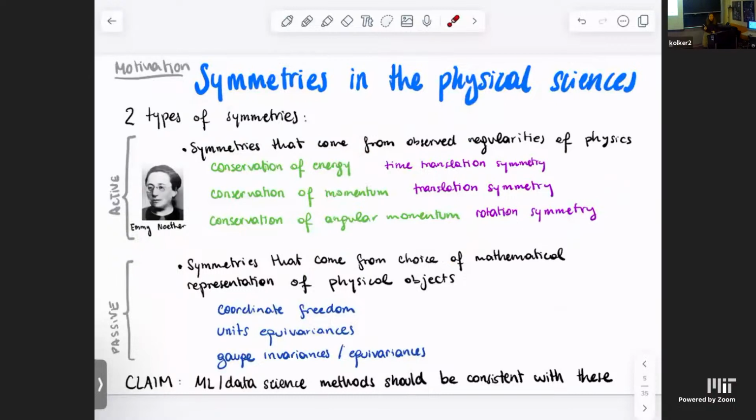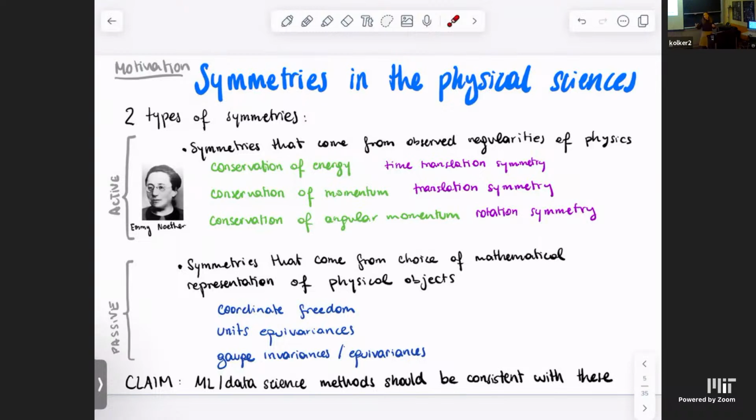In the physical sciences, symmetries have other meanings as well as just inductive bias. As far as I know, in the physics literature, people distinguish two types of symmetries. The active symmetries are the symmetries of physical law. For instance, a system with conservation of energy has a time translation symmetry due to Noether's theorem.